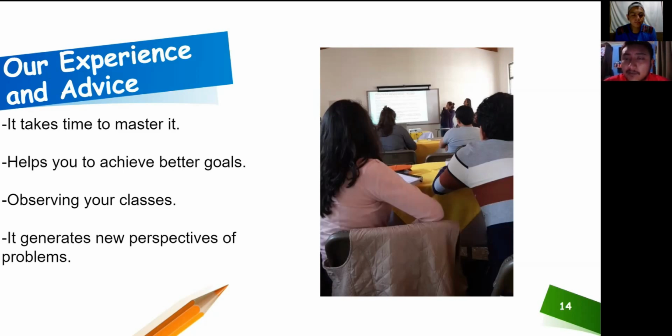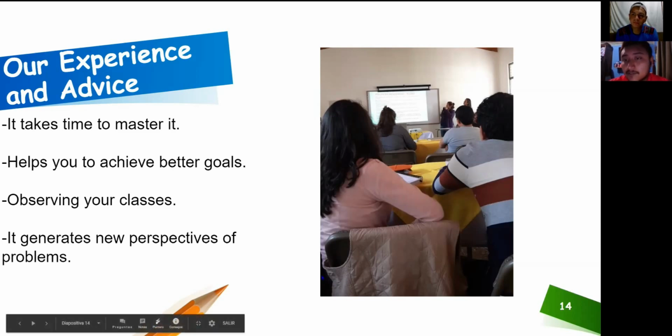Once you are observing, you can notice what is causing the problem. You can observe also some solutions to solve these kinds of situations. You might open your perspectives about the different problems that you have in your class. So then, having all this knowledge, you can write a smart objective and you can approach all your students based on what you could observe.